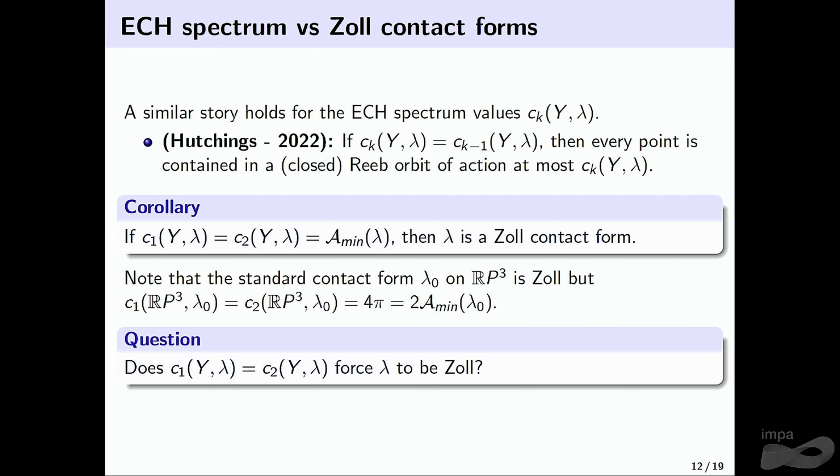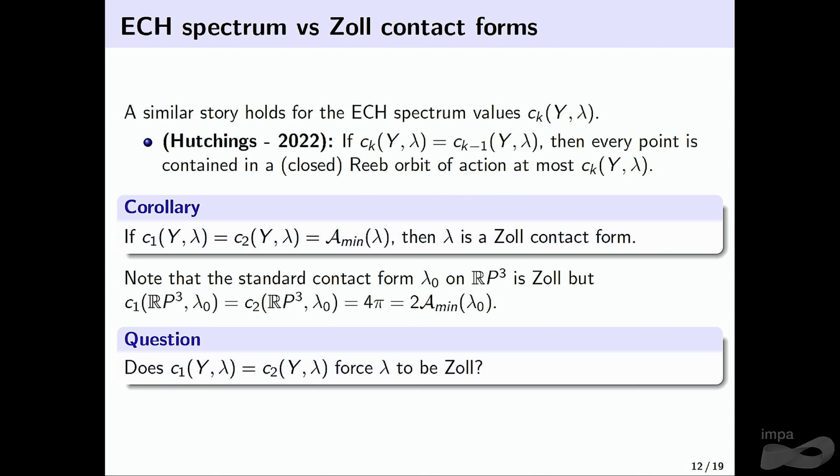But the same proof holds for the ECH spectrum. And maybe you can tell me if it was known before. I'm sorry about it. Maybe Marco and Dan's argument already proved this.